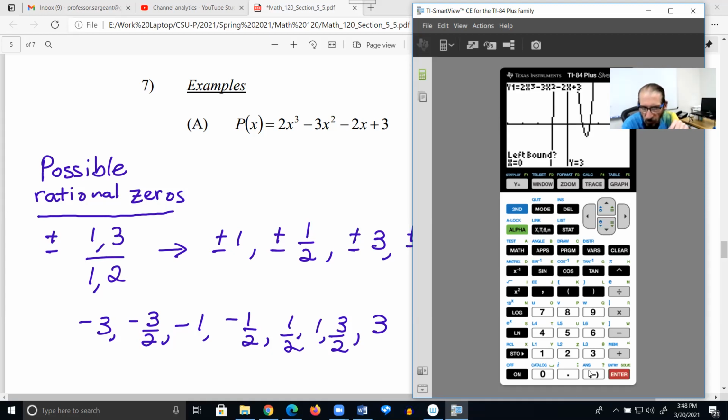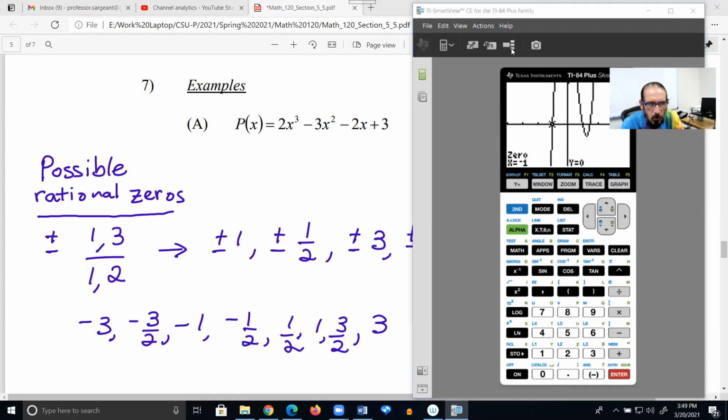So left of -1, say -2. And a right bound, say, let's go with 0. Doesn't seem to be anything else in between. Even this is not a proof. That could be round off error. So we've got to actually check it using synthetic division.